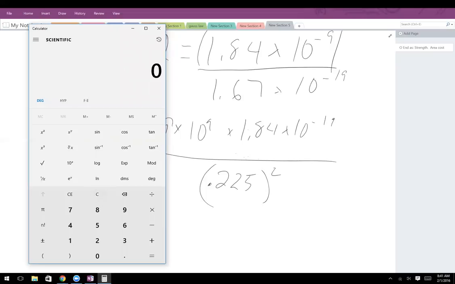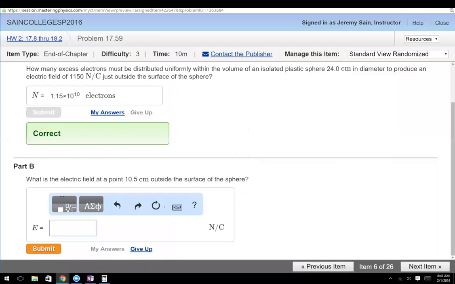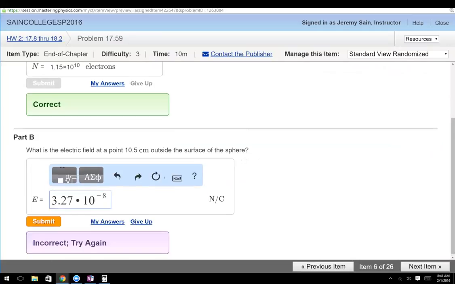I'm going to start over instead of jerry-rigging it. 0.225 squared. You're right. I remember not hitting that key. Okay, 3.27, and then that's 10 to the minus 10th, so it'll be 10 to the minus 8th when we move the decimal twice. So 3.27 times 10 to the negative 8th.